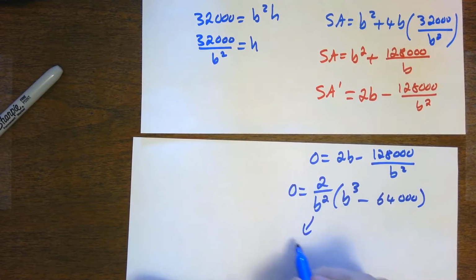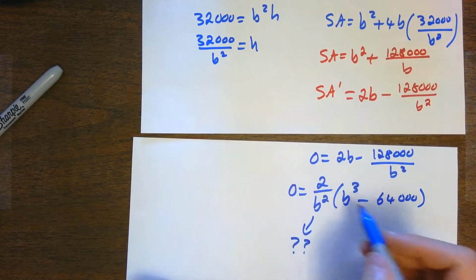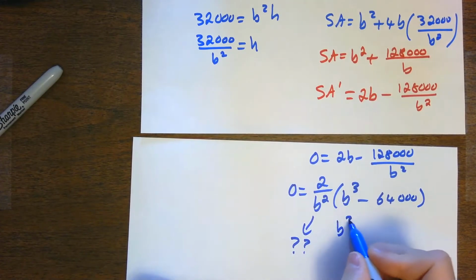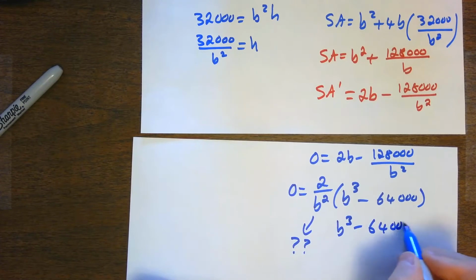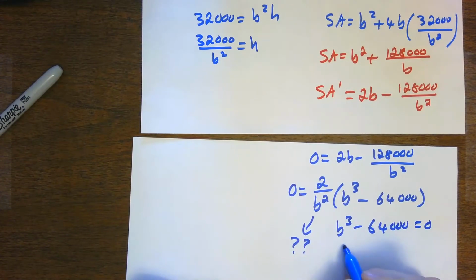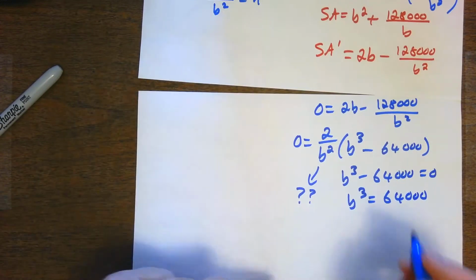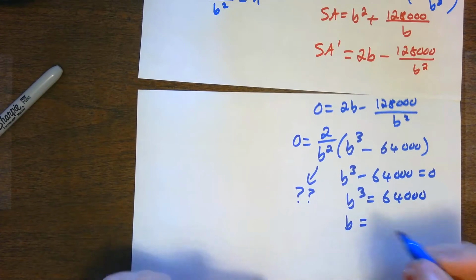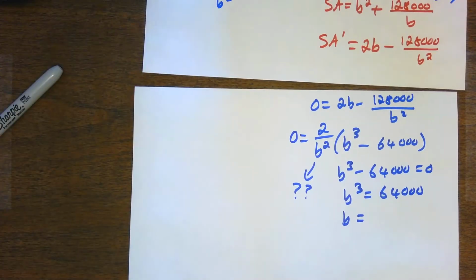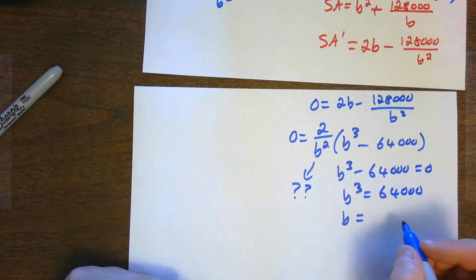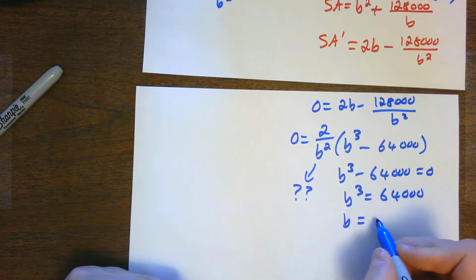Set this equal to 0: b cubed minus 64,000 equals 0, b cubed equals 64,000. Take the cube root of both sides, and I get b equals 40.